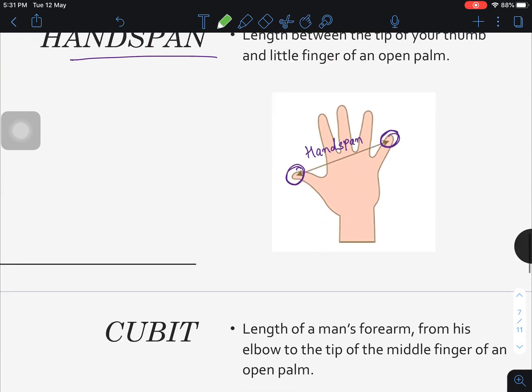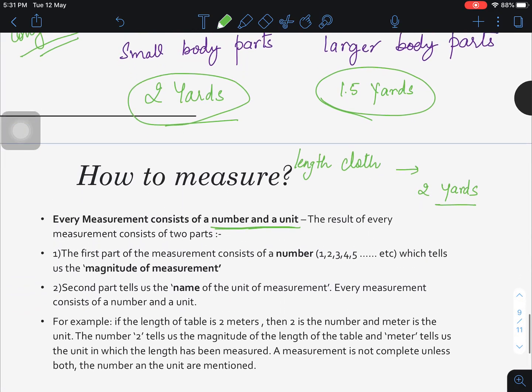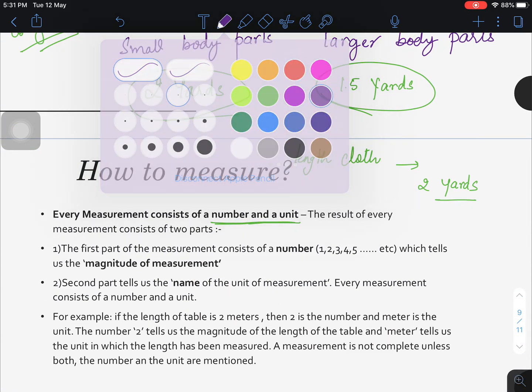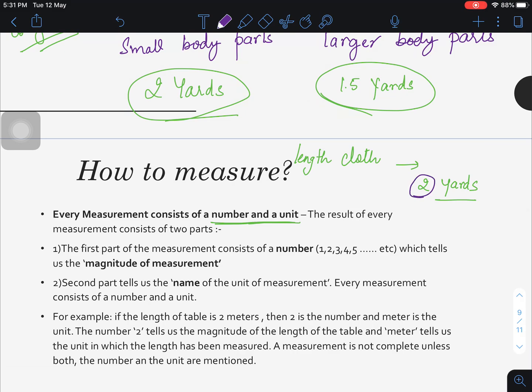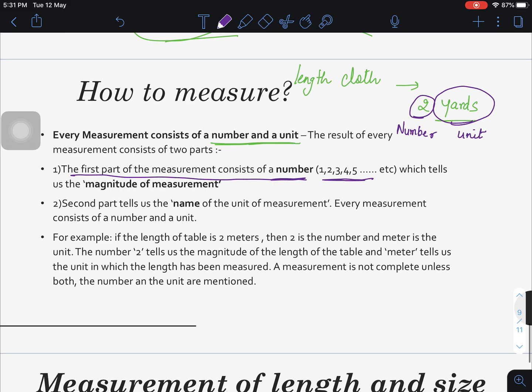Here I told you that it is 2 yard. So now this 2 becomes the number. You can see the first part of measurement consists of number. Second consists of the unit, जैसे हमने यहाँ पर यार्ड यूज़ किया.